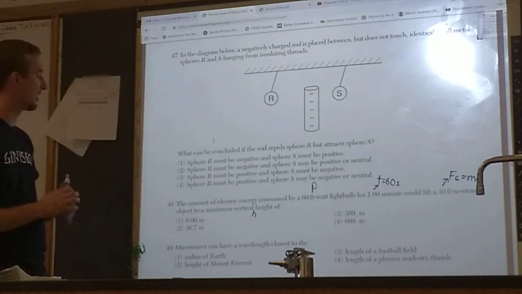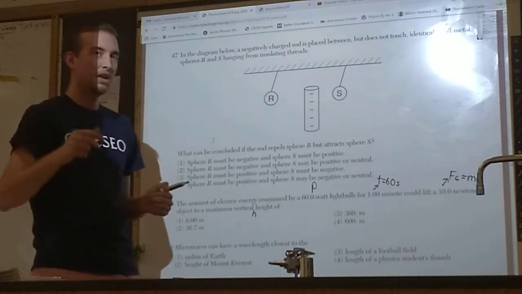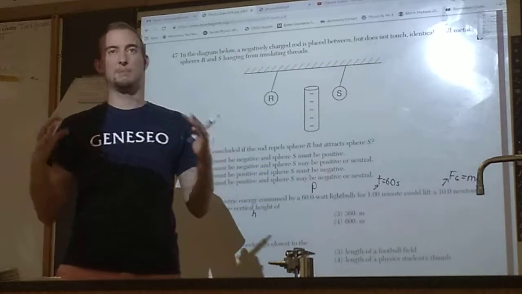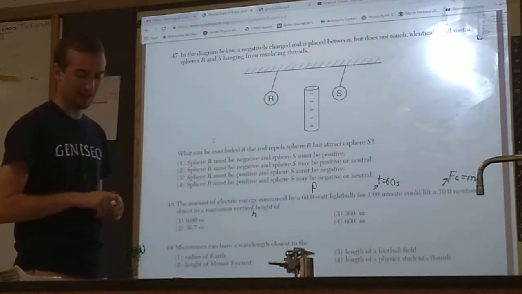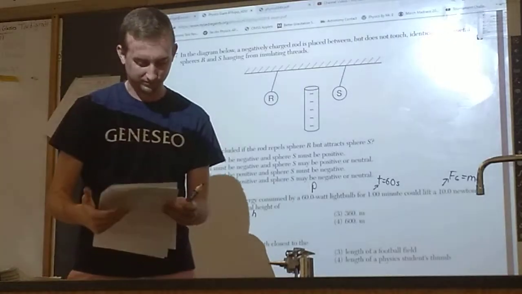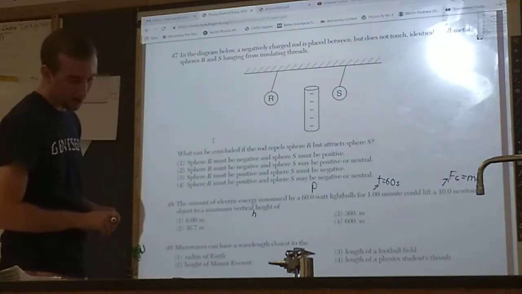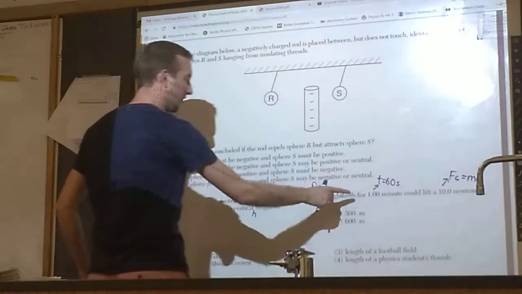So it's a little interesting. We're talking about the energy that a light bulb produces. If we were to take that energy and convert it into mechanical energy or gravitational potential energy, how high could we get this object? So we've actually got a little bit of work to do for this question. The first thing that we have to do, let's worry about the light bulb first.